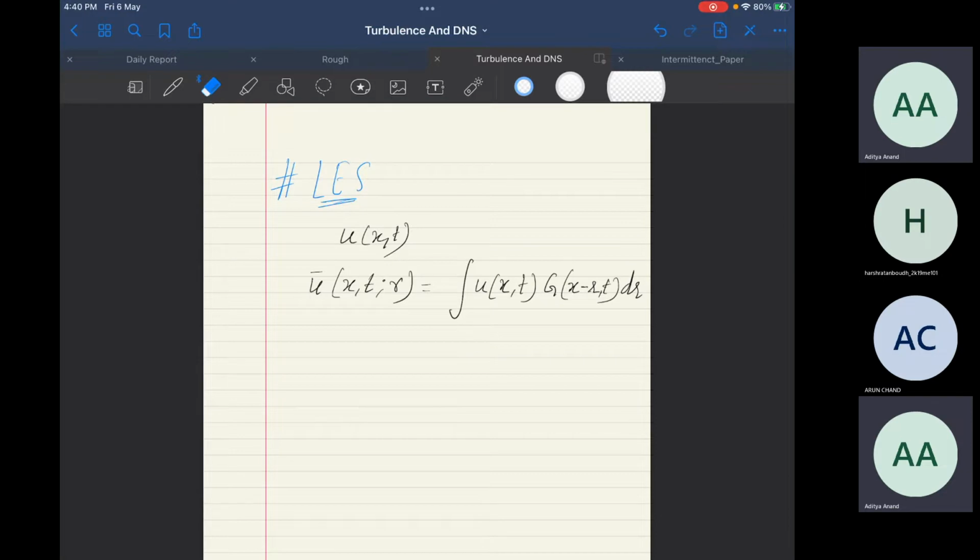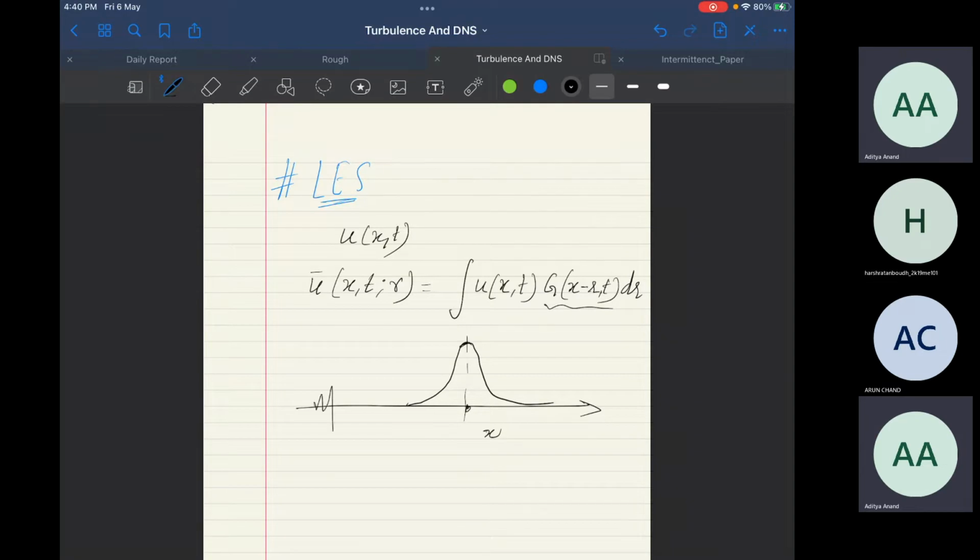Let's say you have a domain here, and at some point x, this is x. Your G might have some functional form. Let's consider a Gaussian filter for now. It will have a form like this. And your u is a function of x, of course.